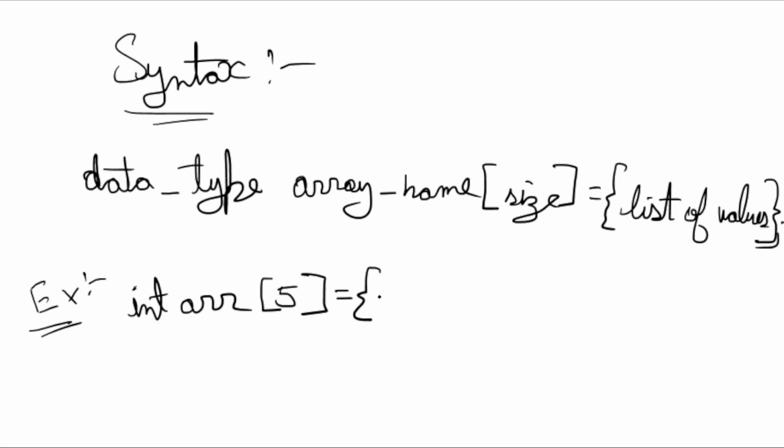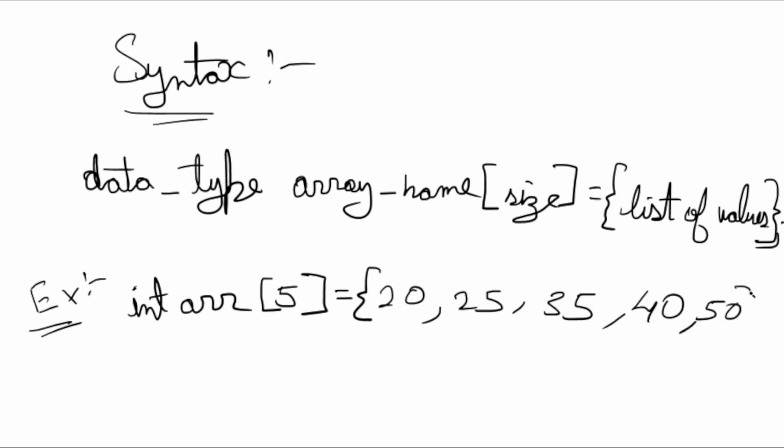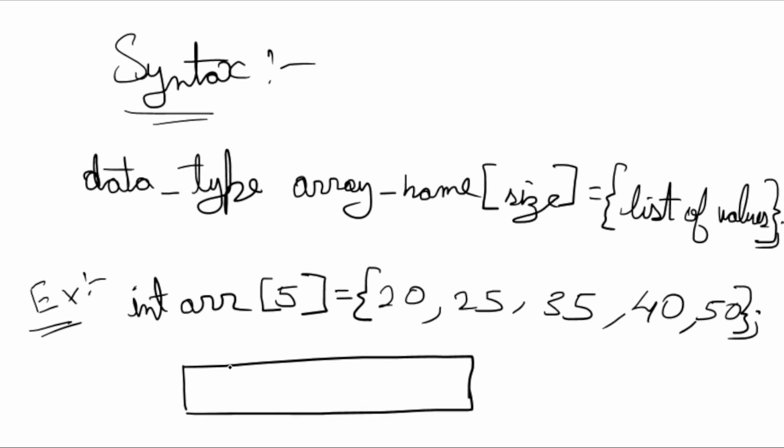You can take any of these, like I'm taking 20, 25, 35, 40 or 50. So how will it be created? I have taken 5, so I have to create 5 boxes here, meaning 1, 2, 3, 4 and 5.